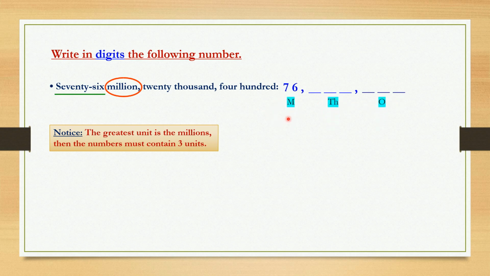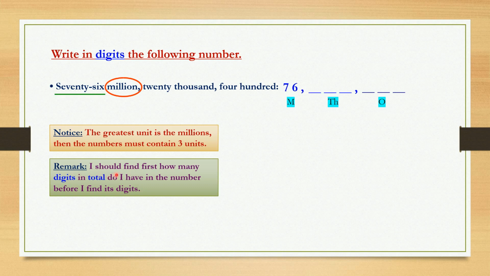So in this number we have millions, thousands, and ones unit. So remark, I should find first how many digits in total I have in the number before I find its digits. So here we found that this number contains 8 digits, 2 in the millions and 6 in the other 2 units. Now let's find these digits.